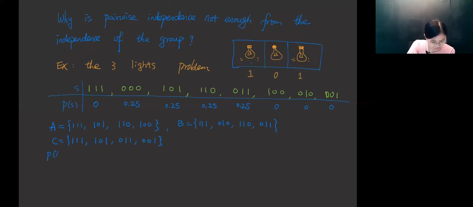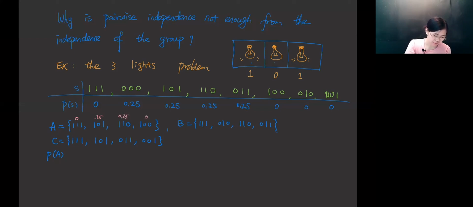Now we can calculate what P of A is. P of A is the probability of 1, 1, 1, so that's 0. 1, 0, 1 has probability 0.25. 1, 1, 0 has probability 0.25. 1, 0, 0 has probability 0.